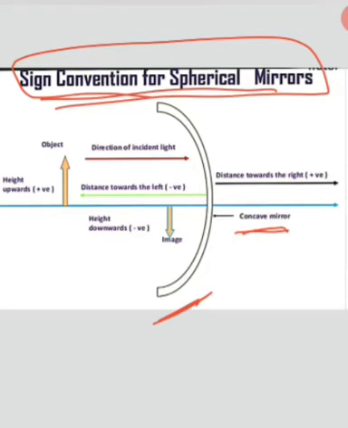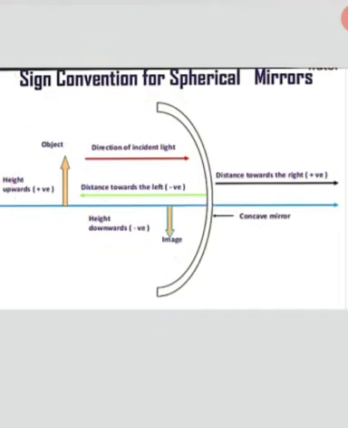In this mirror, the distances taken above the principal axis will be positive, as they will be parallel to the positive y-axis. The distances taken below the principal axis in the perpendicular direction will be taken as negative. It is written here, as they will be parallel to the negative y-axis.